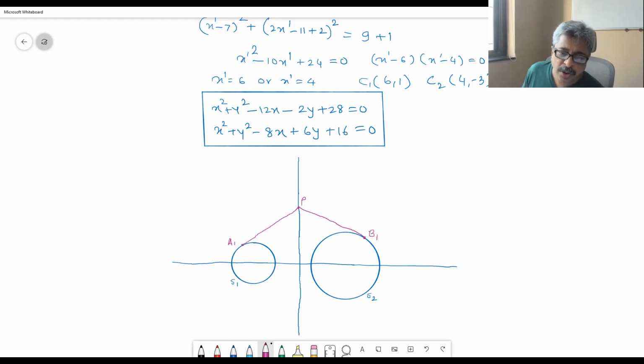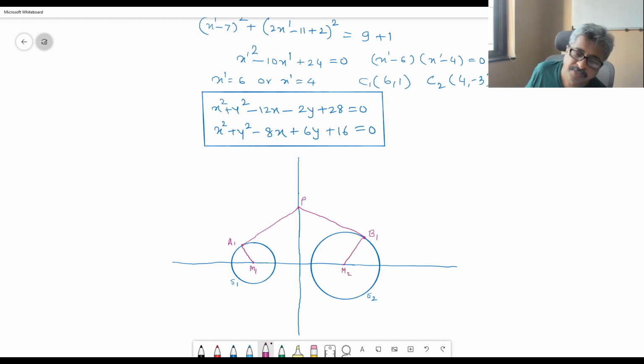Okay, so if this segment was there with you, could you locate the center M1? Yes. Draw a perpendicular, you will get the center M1. Suppose this tangent was known to you, could you locate the center? Yes. Draw a perpendicular, you will get the center.